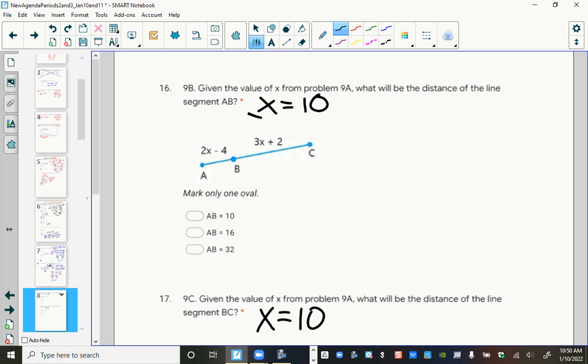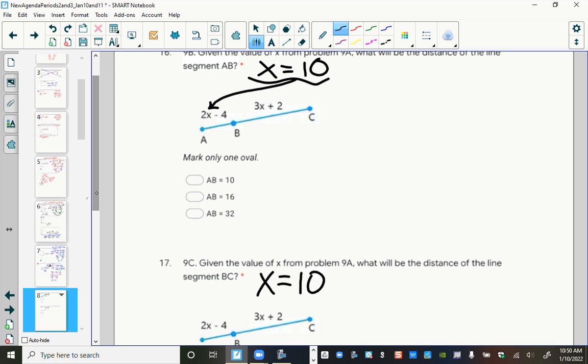In this case, plug it in, and you'll get your answer. Same thing here, because I want to spend more time elsewhere. But just know, what is AB? AB is your first segment right here. And then BC is over here.